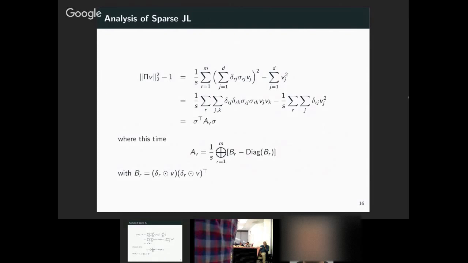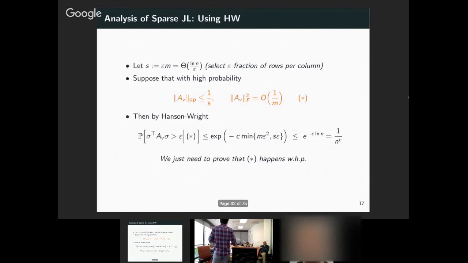And this kind of block diagonal matrix we used to have is almost the same, but now each of these vectors B is sparsified by a different row of the masking. So is all this setup clear until this point? Okay. So the point is that basically we can follow a similar argument as was done in classical JL.